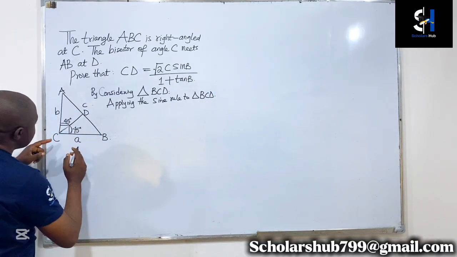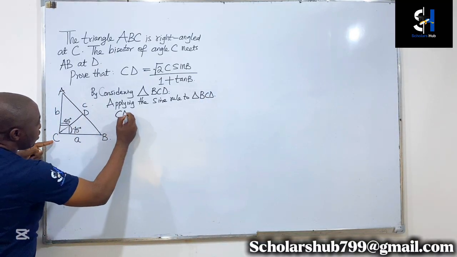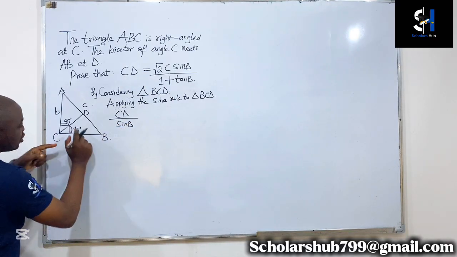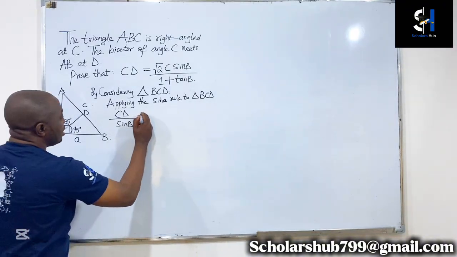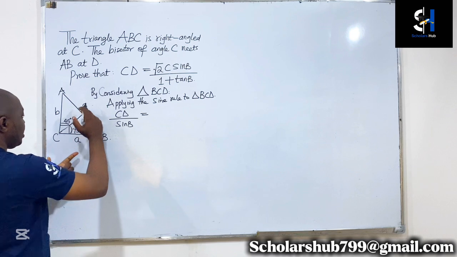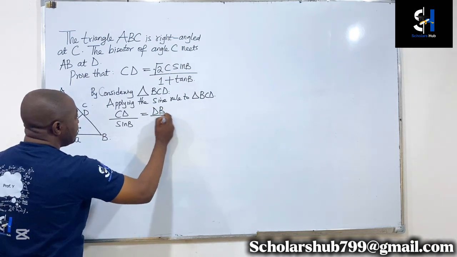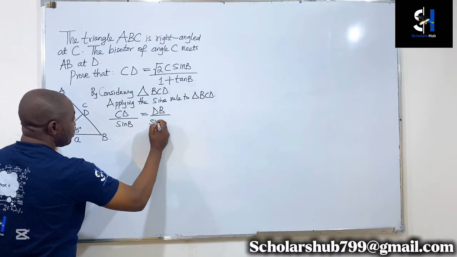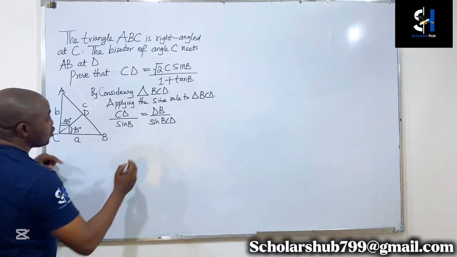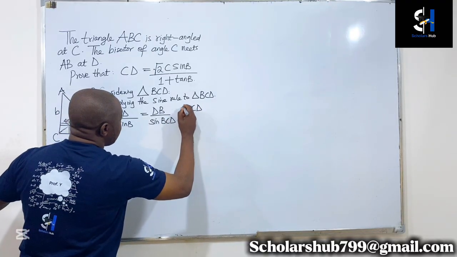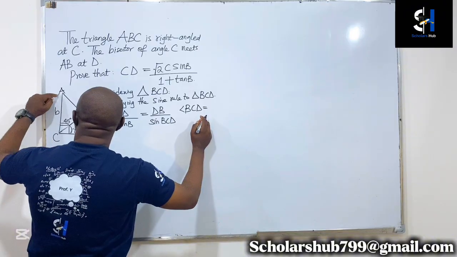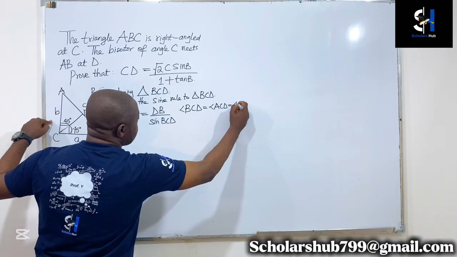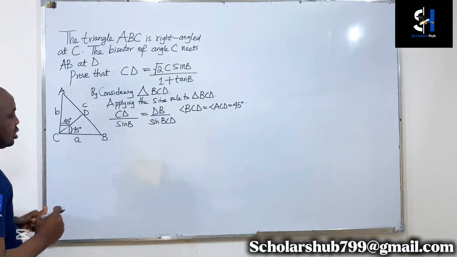We have CD divided by sine B, because CD is opposite angle B, equals DB divided by sine BCD. And let's not forget that angle BCD equals angle ACD, and both equal 45 degrees.